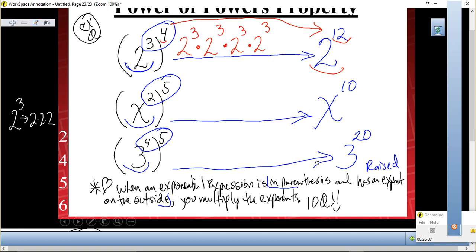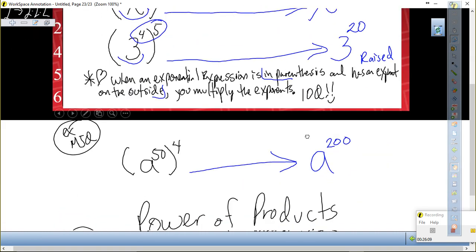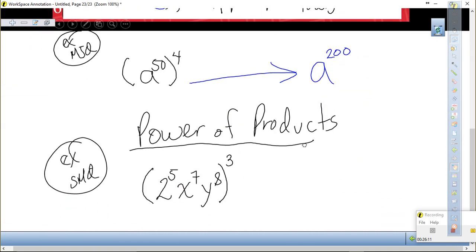Tell your neighbor. Sergio, what do you notice? There are more exponential expressions. It has more products, right? But however, the rule remains the same.